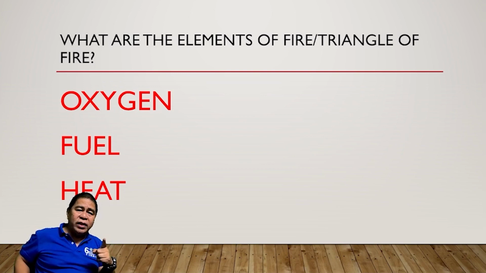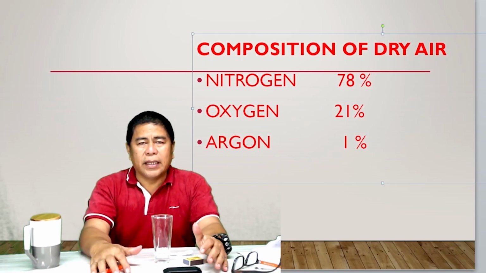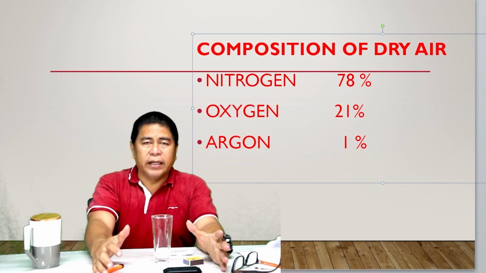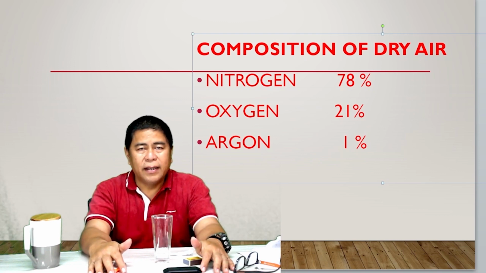You have oxygen, you have fuel, and you have heat. This is the traditional fire triangle, because the recent trend now talks of the fire tetrahedron. This is the fourth element, the uninhibited chemical reaction. Nung unang slides or YouTube presentation ko about fire, I explained the fire triangle.